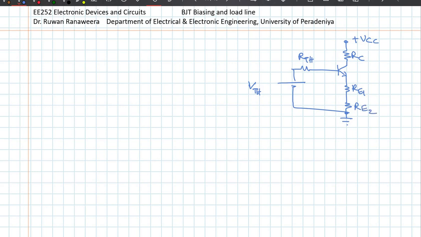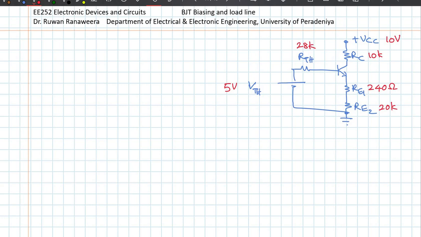So this is my new circuit where VTH is 5 volts, RTH is 28K, VCC is 10 volts, RC is 10K, RE1 is 240 ohms, and RE2 is 20 kilo ohms. So this is all we have.